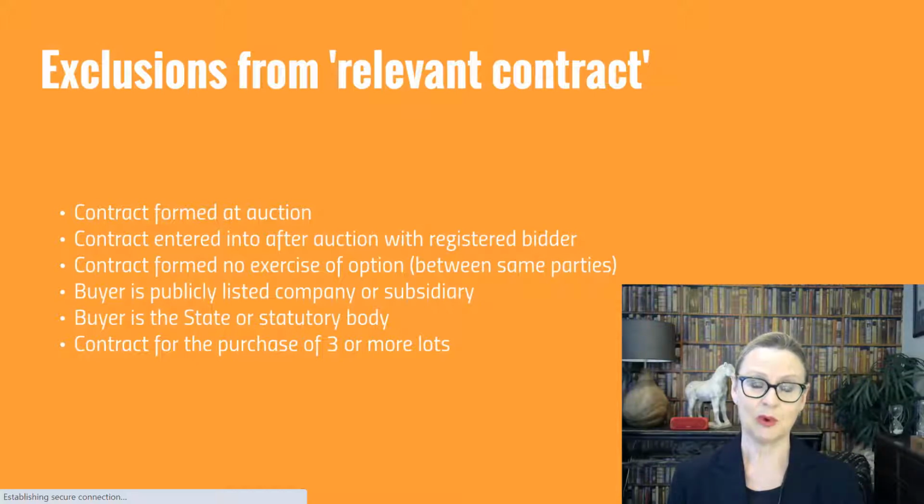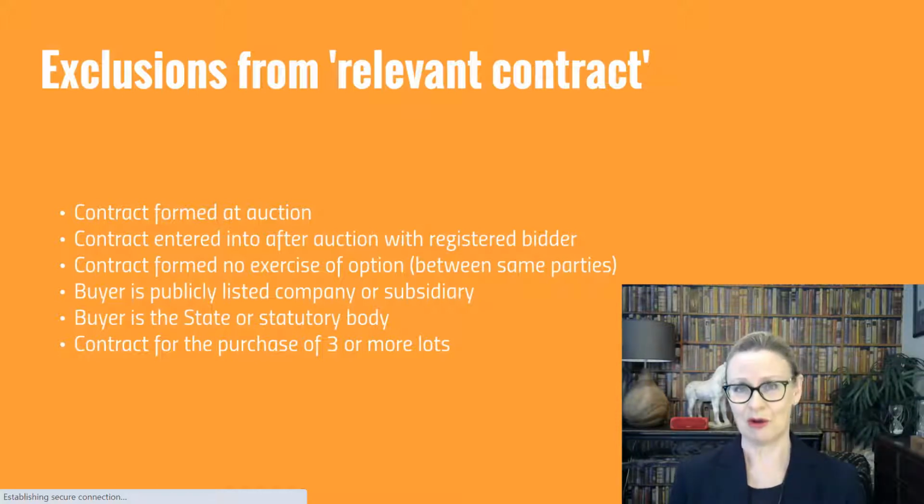So, for example, where there has been a fall of the hammer, but the property's been passed in, and then you have that marvelously frenetic period where the auctioneer is running around to all the registered bidders that showed some interest in the property, trying to generate a contract. Those contracts you don't have to worry about. Section 165 is not relevant to a contract formed that way.